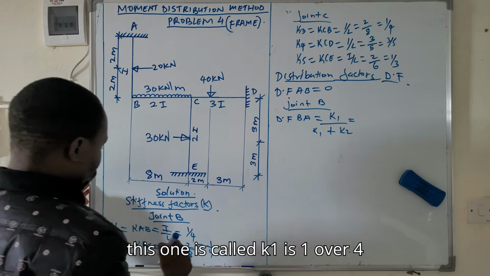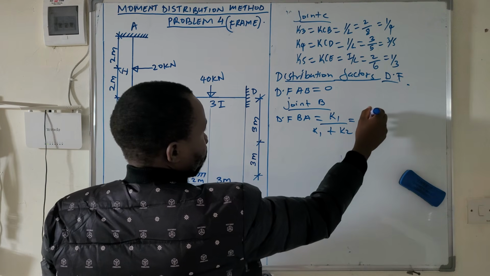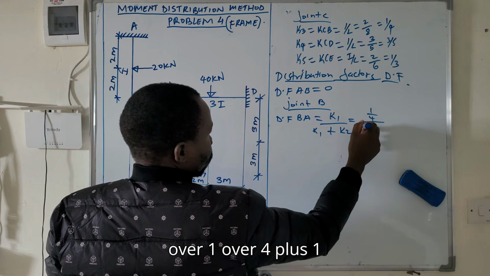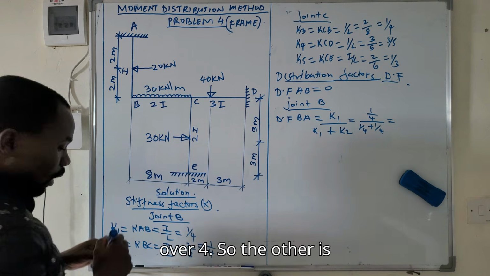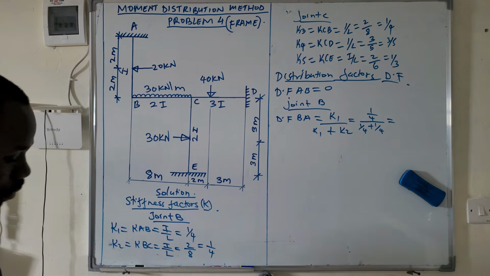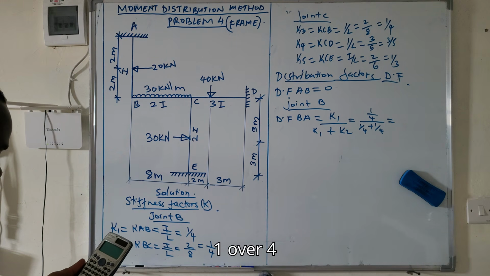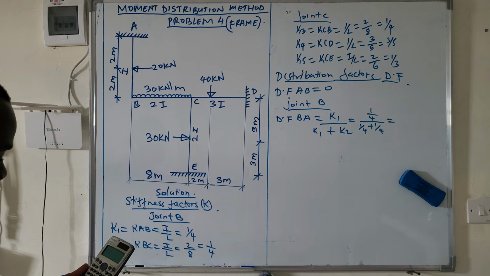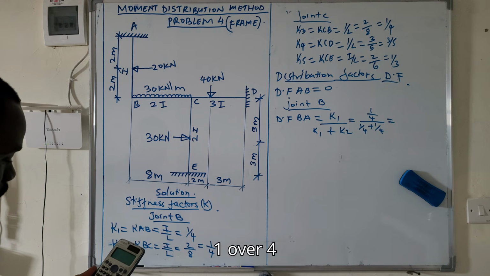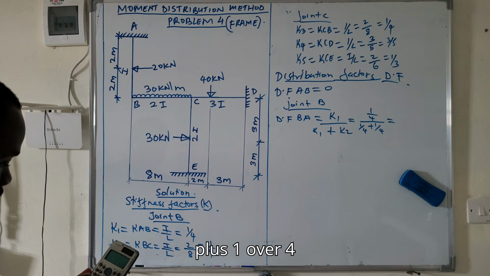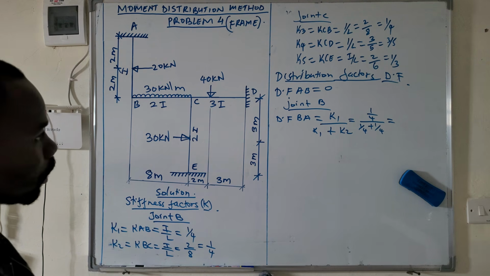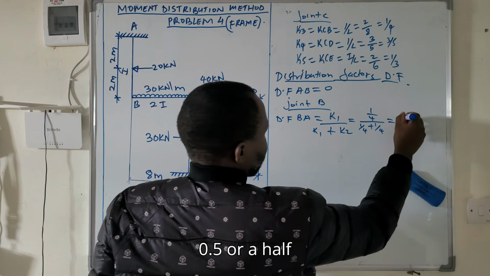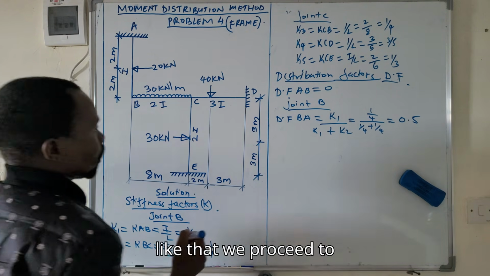K1 is 1 over 4, over 1 over 4 plus 1 over 4. So the answer is 0.5, or a half.